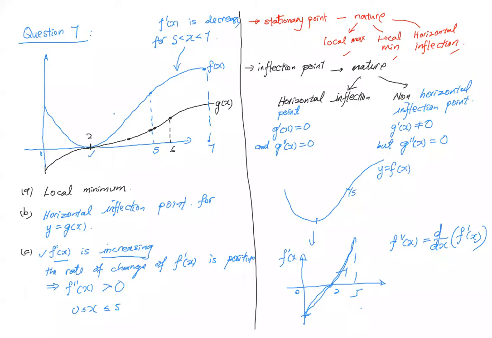So how am I going to know f prime x is increasing or decreasing? Based on the fx graph, I look at the shape of the fx graph. Clear? Okay?